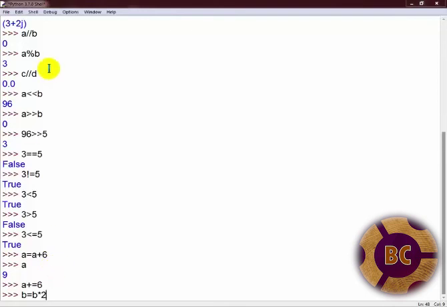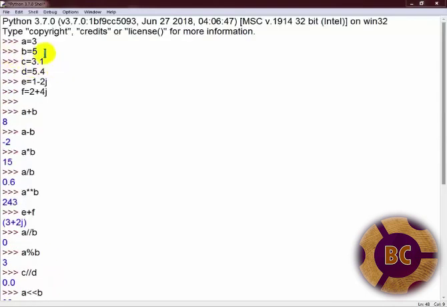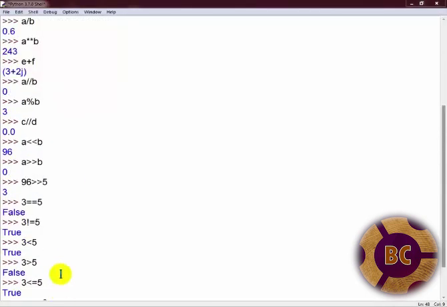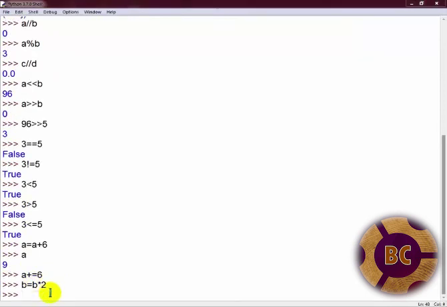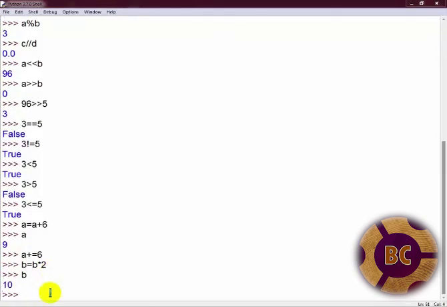The last value of B is 5, so the new value of B will be 10. As we have accepted, the value of B is 10.